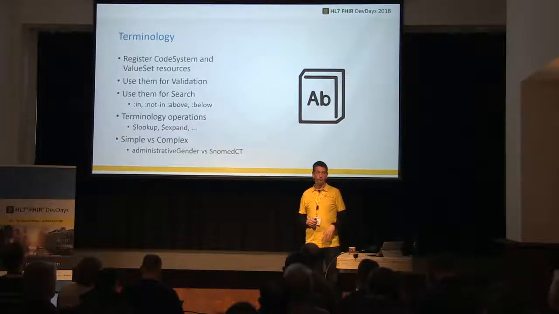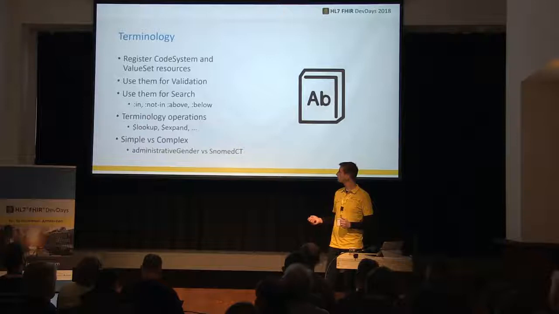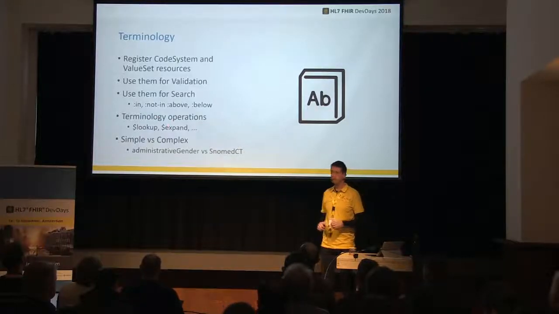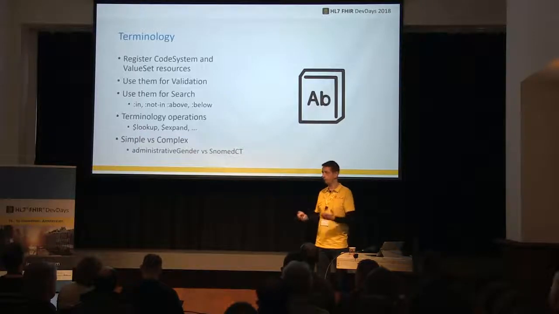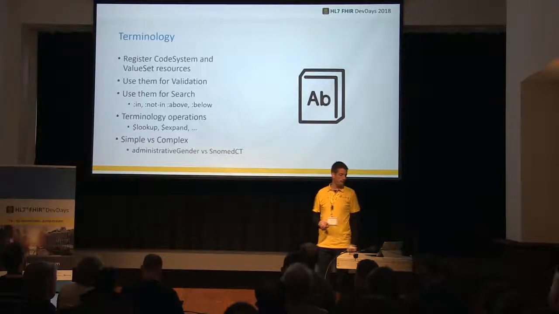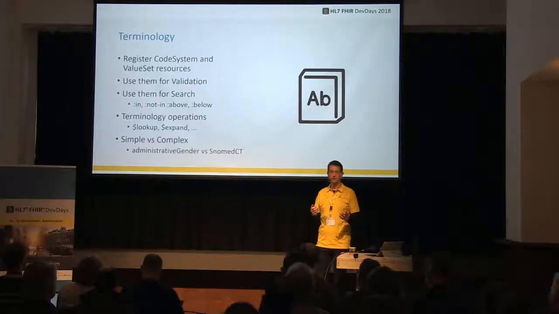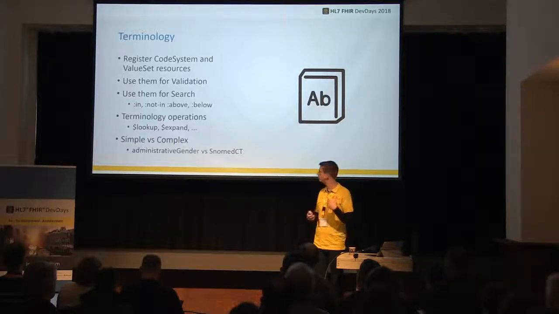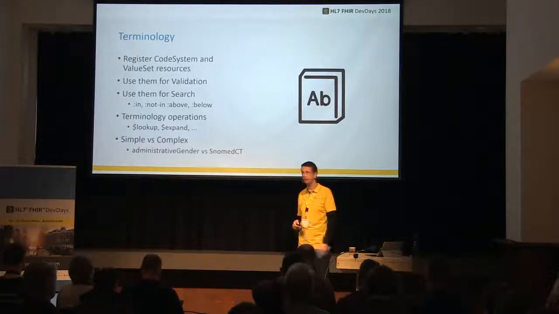There are a couple of specific operations defined for terminology as well. Look up, and expand a value set, because it could comprise multiple code systems and subsets of those, so if you want to know what's actually in there. And a couple of others. You'll see there's a tendency to define simple code sets, like a V2 code set, a table, or maybe just administrative gender, which has a couple of values.